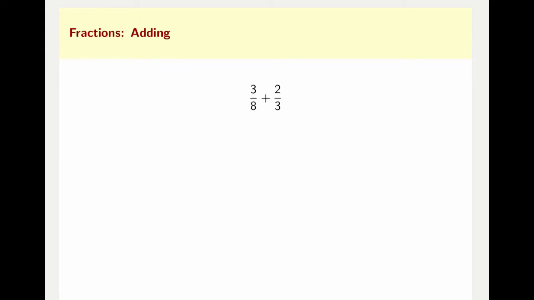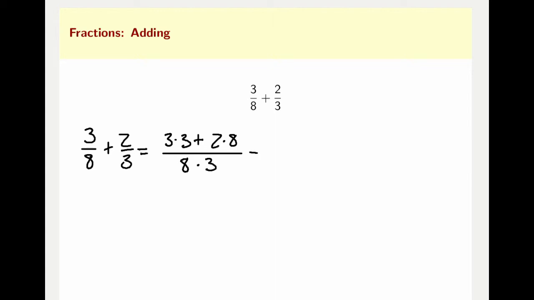Okay, another example. 3/8 plus 2/3. Cross multiply 3 times 3 plus 2 times 8, all over 8 times 3. I get 9 plus 16 over 24, which is equal to 25 over 24.